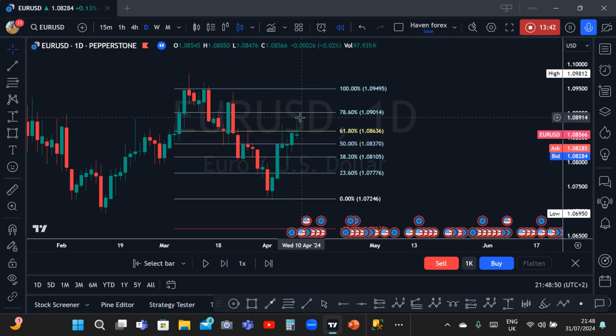Now at this point, what you need to do is place a sell limit order, which is an order to buy higher, at a price higher than the current price.